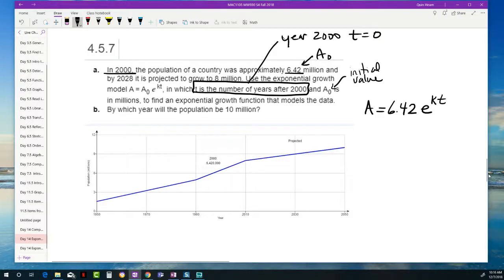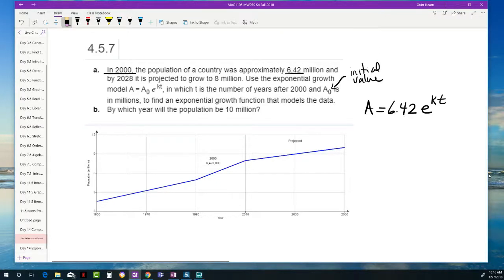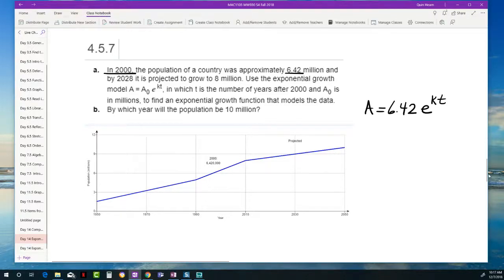All right, so we're almost there, but there's got to be one more piece of information to help us to find the growth rate k. So what else are they telling us in this problem besides a sub 0? They're telling us that by the year 2028, the population's projected to grow to 8 million.